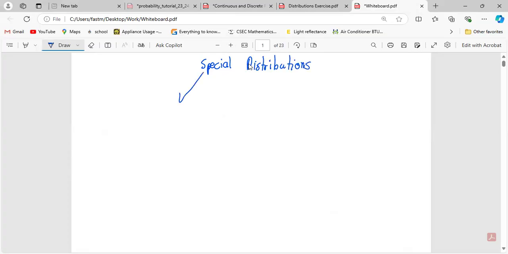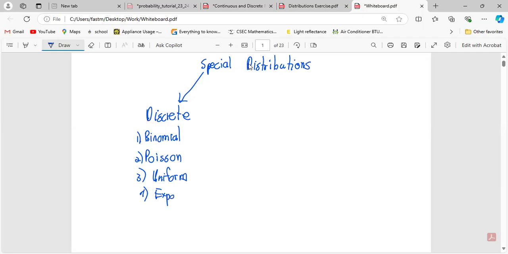The ones that you all need to know under discrete are binomial, Poisson, uniform, and exponential.